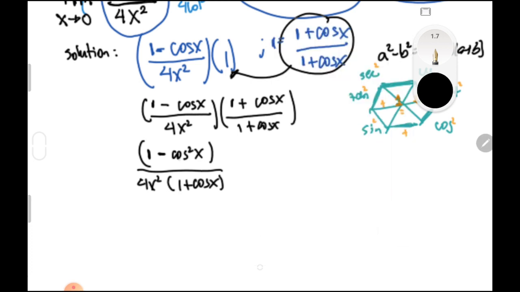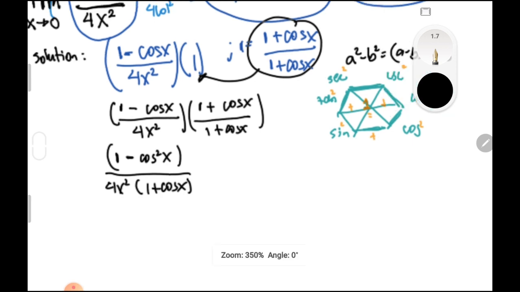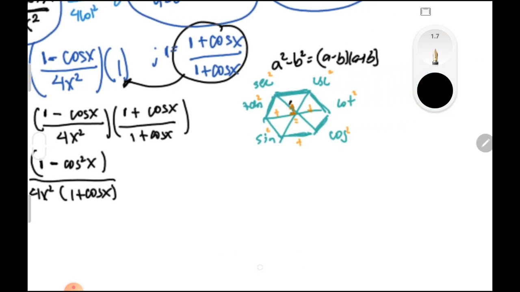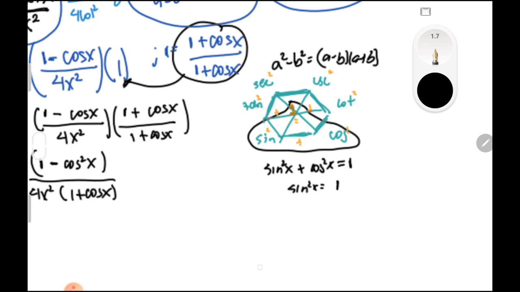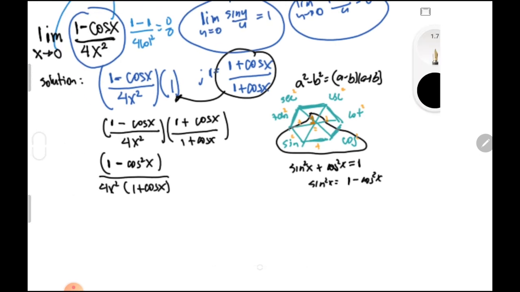Upon this, we have this equation. But as I have said, what is 1 minus cosine squared x? Take note that from this Pythagorean rule, sine squared x plus cosine squared x is equal to 1. Therefore, sine squared x is equal to 1 minus cosine squared x, which corresponds to this identity.